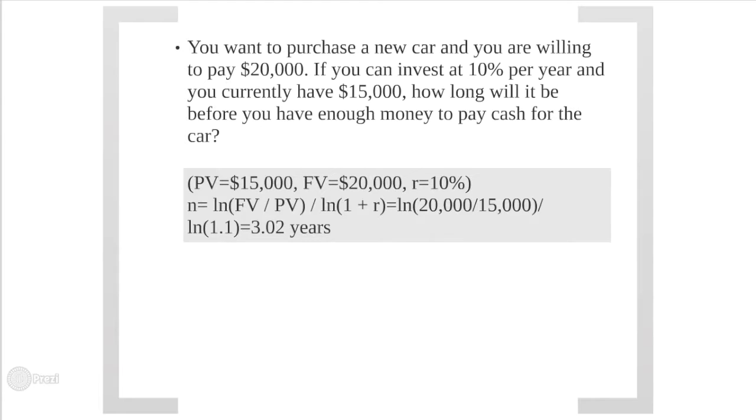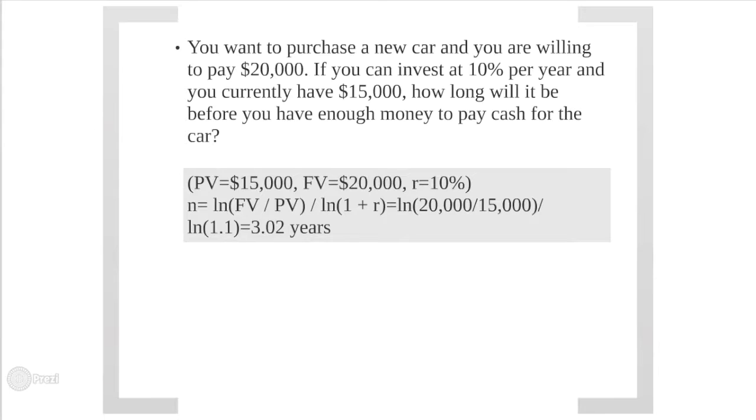Okay, now this is the final example. So you want to purchase a new car and you are willing to pay 20,000 if you can invest at 10% per year and you currently have 15,000. How long will it be before you have enough money to pay cash for the car? So we can see that the 20,000 is the future value and 15,000 is the present value. So we also know the interest rate is 10%.